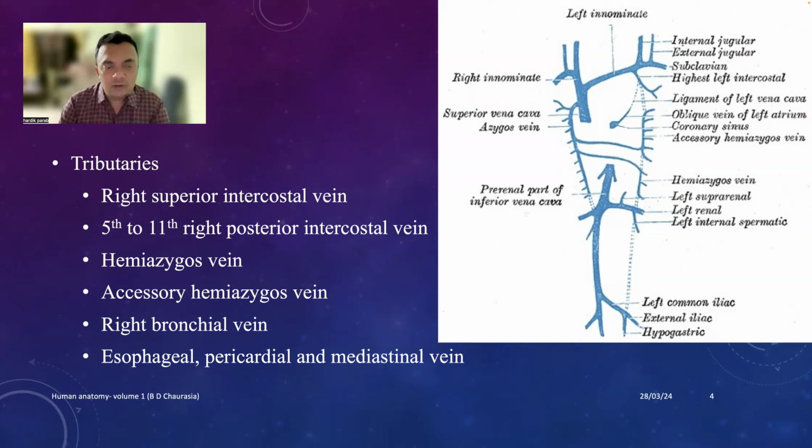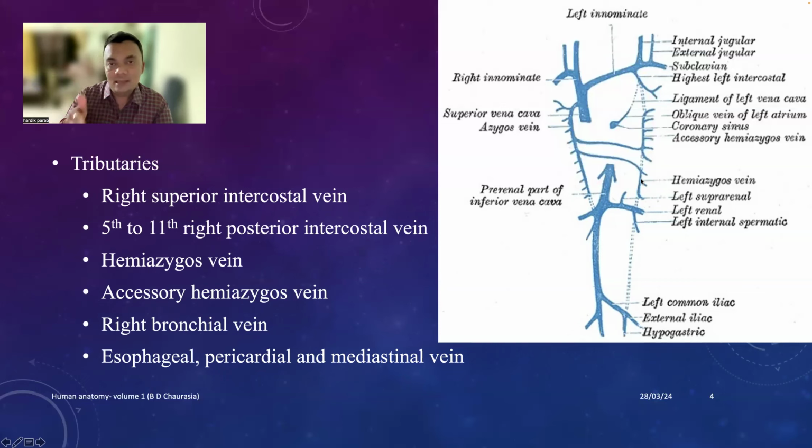On the other hand, the other tributaries are from the 5th, 6th, 7th, 8th, 9th, 10th, 11th, and 12th. In that way, the 5th to 11th right posterior intercostal veins will have a connection with the hemiazygos vein. Here you will see this one is the hemiazygos vein on the other side.